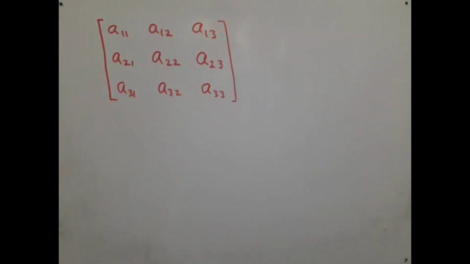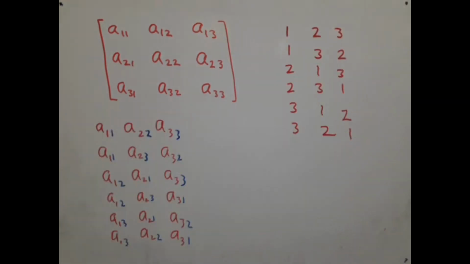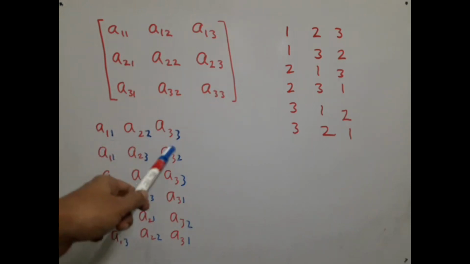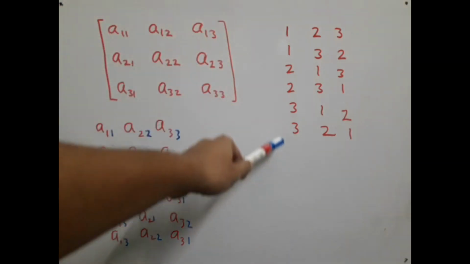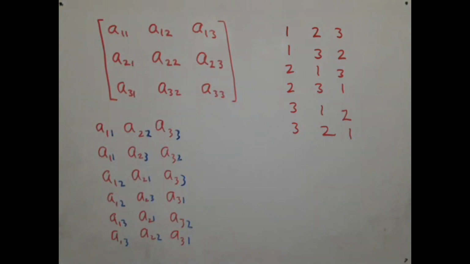Suppose I work with this 3 by 3 matrix and I want to compute its determinant directly from the definition. For this, first I have to list all the possible permutations of the numbers 1, 2 and 3. Each of these permutations will give rise to one product term. So we have 6 such product terms. For all of these, the first indices are 1, 2, 3, 1, 2, 3, 1, 2, 3, but the blue things are dictated by these permutations.